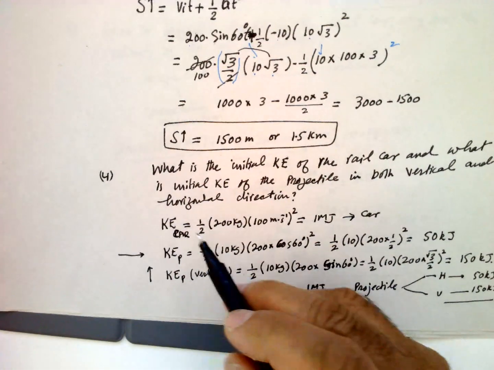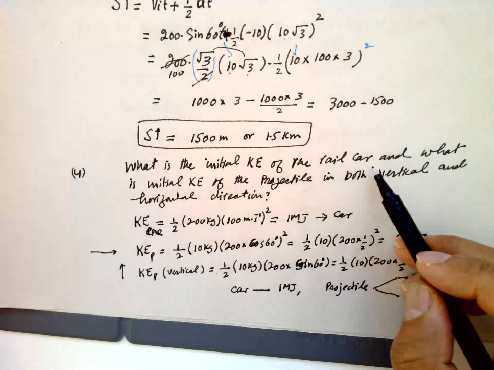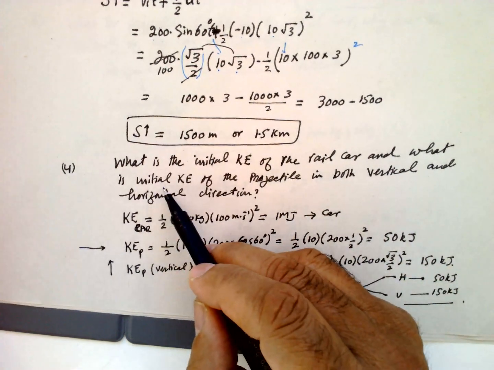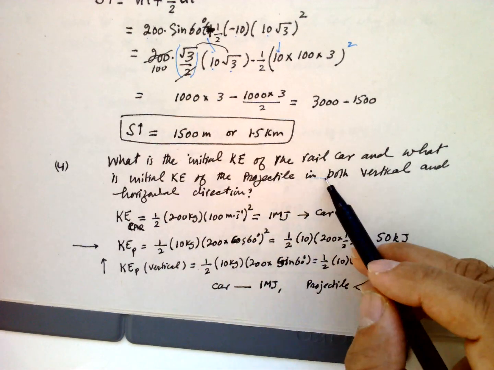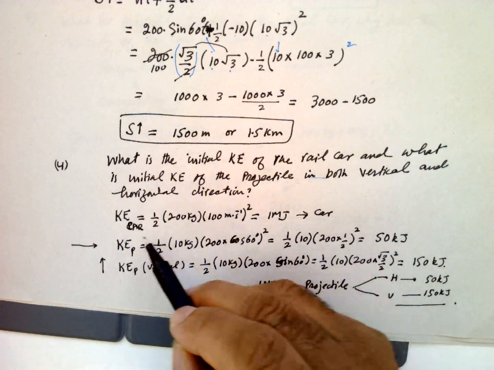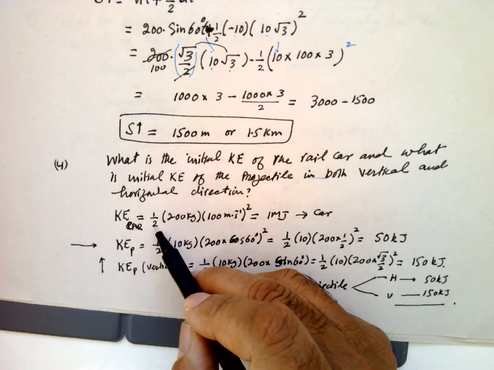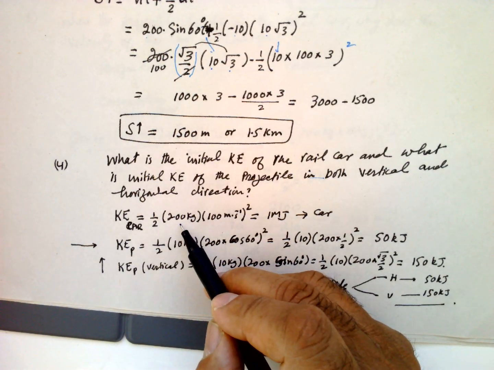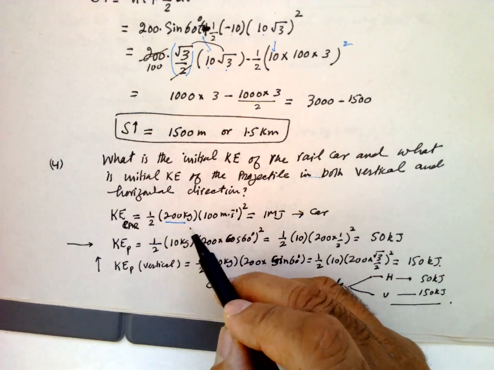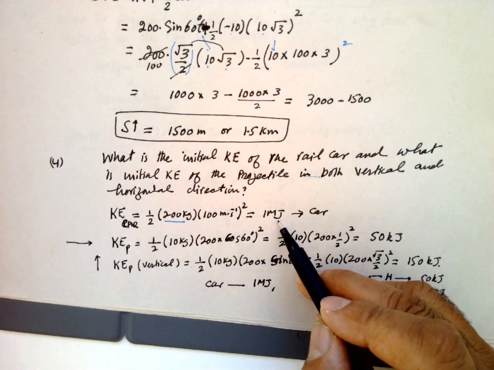Next one, question number 4. What is the initial kinetic energy of the rail car, and what is the initial kinetic energy of the projectile in both vertical and horizontal direction? So the kinetic energy of the car is equal to half mv square. m is 200 kg, v is 100 meters per second, so 1 megajoule.